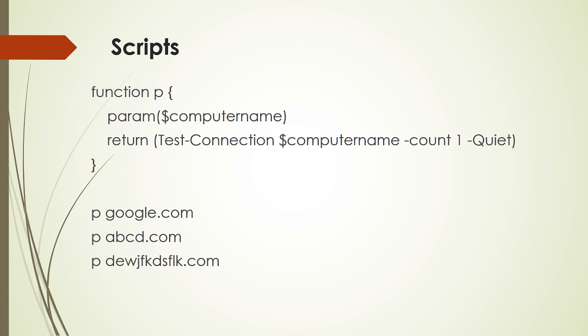And the second script is to test if a website is available. In this script, I test google.com and abc.com, and later you will see the result. You can put all of the websites you want to ping into the parameter of $computername.